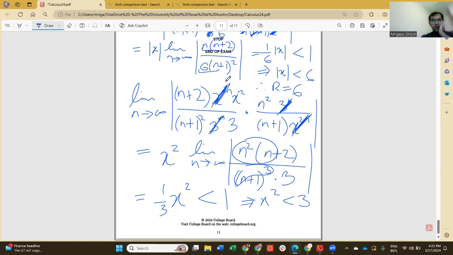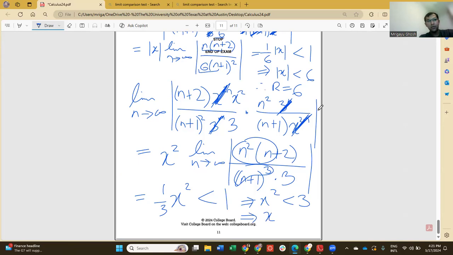And here is where I'm not sure. I seem to have forgotten. Would I have to take the square root to find the radius of convergence? Yeah, I don't remember entirely what happens at this point. See, because I don't think the radius of convergence would be 3. I think what you'd have to do is take the square root, right?